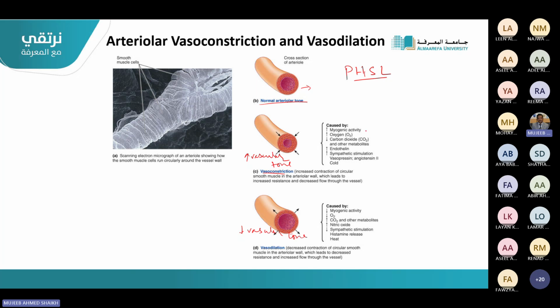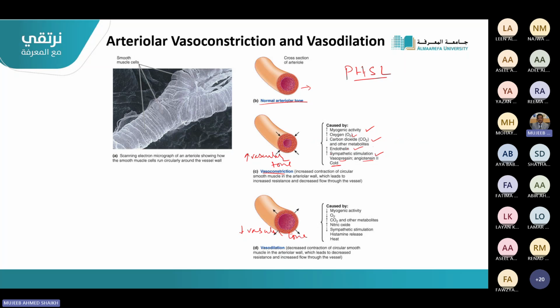And here are the causes. Increased myogenic activity, that means if you are stretching the smooth muscles there, it will lead to reflex constriction of the vessel. Or there may be increased oxygen, decreased CO2, or accumulation of metabolites, then release of endothelin, then increased sympathetic activity or release of vasopressin or angiotensin or application of cold.